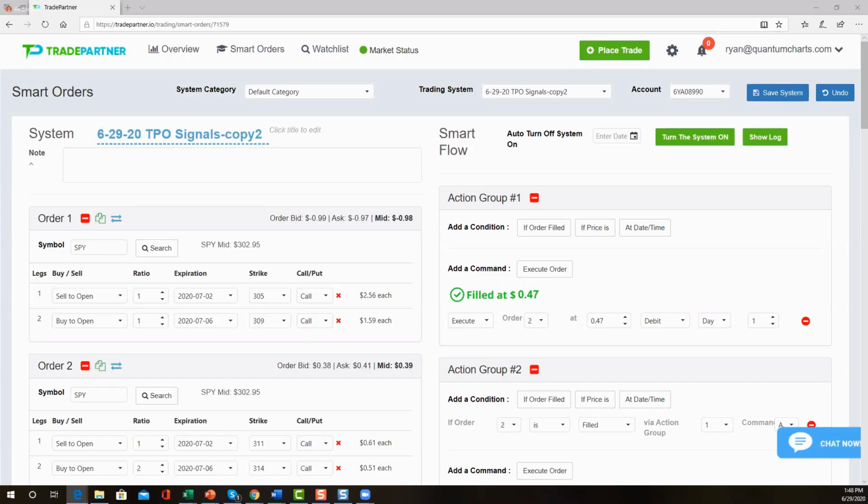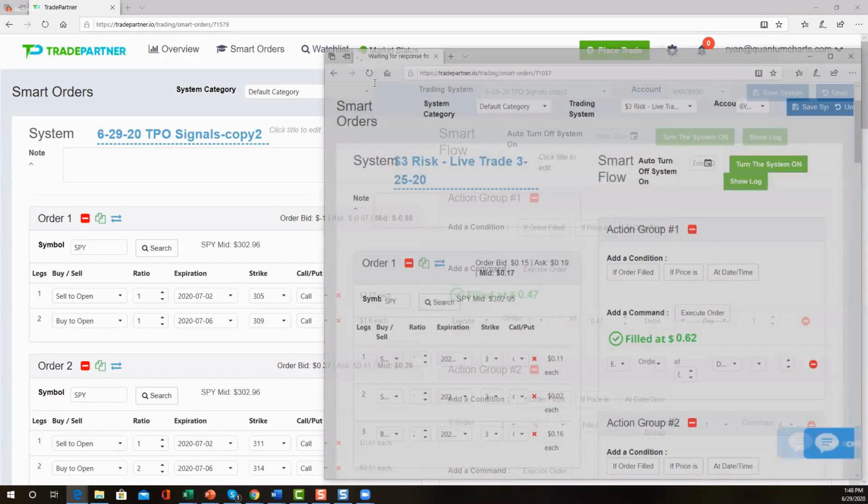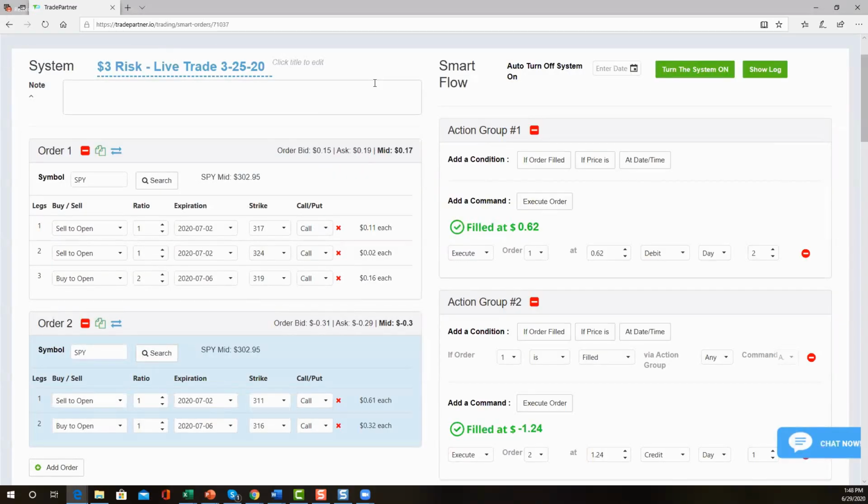All right, so this is what we got into on Thursday, I apologize, Thursday. And some form and variation of this, a 2-to-1 bullish, 62 cents was the bullish, the bearish is 124.